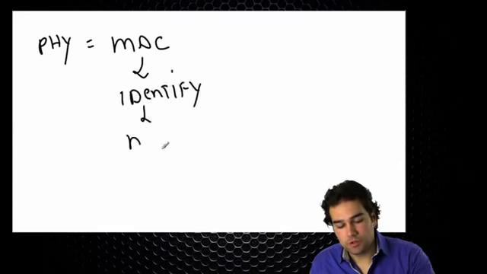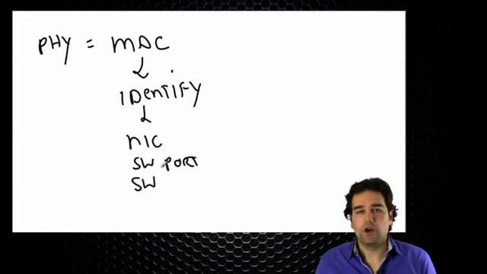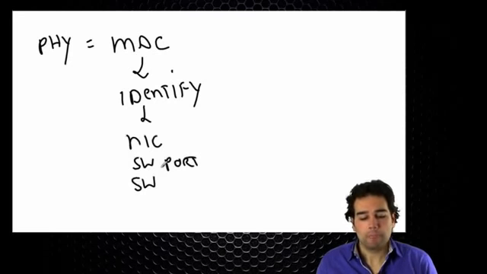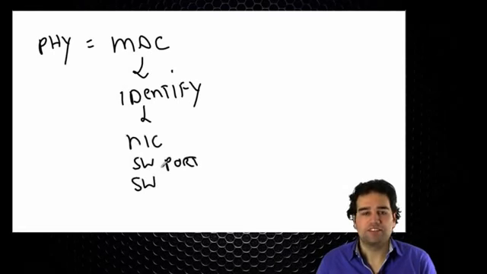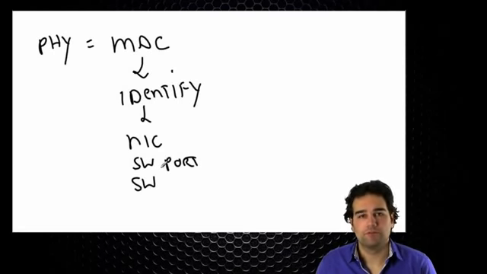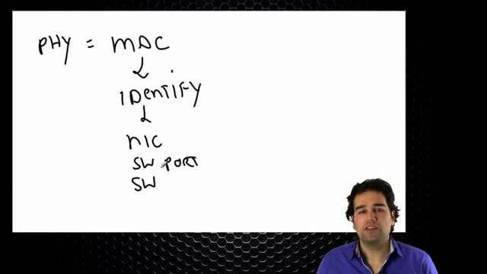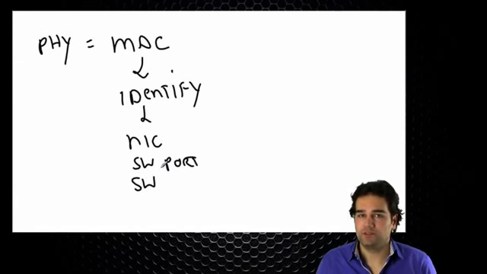So every network card has one, every switch port has one. But also the switch has a system MAC address. So a switch has a generic MAC address used in advertising things like spanning tree. So everything in the Ethernet world has a MAC address. Not everything has an IP address.